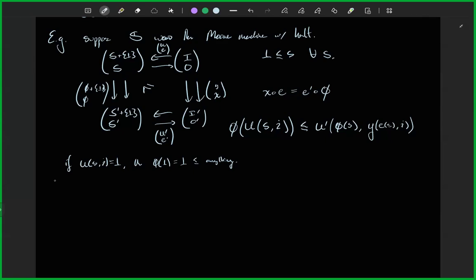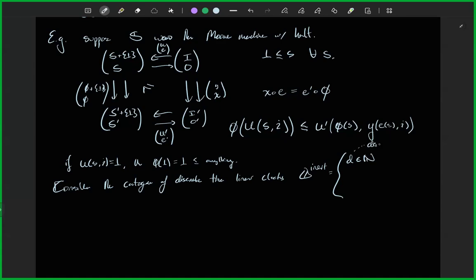So now we can define, consider the category of discrete time linear clocks, which, as we saw in some earlier lectures, was delta inert, whose objects are natural numbers, d in N, which we think of as discrete durations, and a morphism d to d prime is an I such that d plus I is less than or equal to d prime.